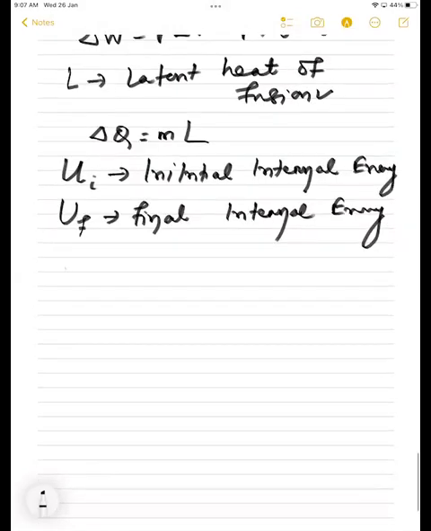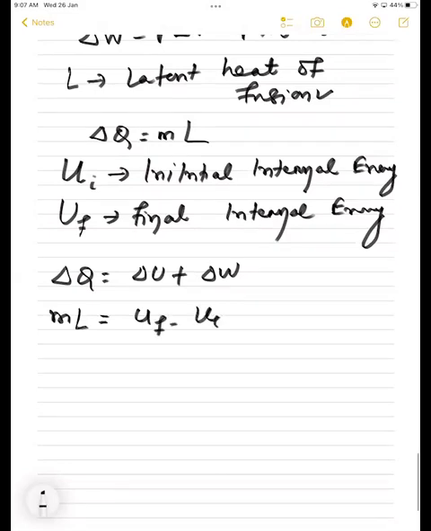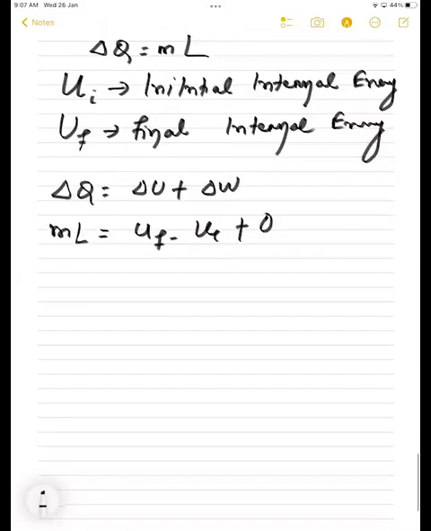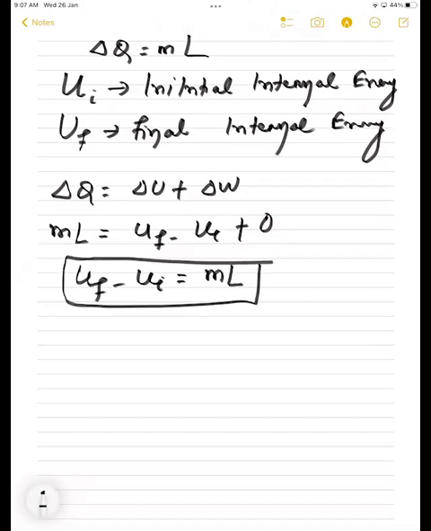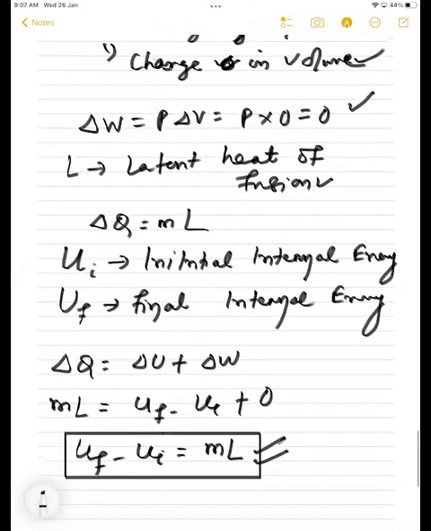So we can write delta Q is equal to how much? Delta U plus delta W. So that is mL is equal to Uf minus Ui, because work done is almost 0. So Uf minus Ui in the melting process you can directly find by multiplying m into L. Got it, students? So the internal energy of a system increases by mL during the melting process. All got this theory part, students?